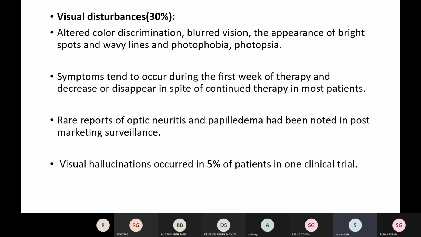However, in some patients, they may persist till the end of therapy or even after the end of therapy. Rare reports of optic neuritis and papilloedema had been noted in post-marketing surveillance of the drug. Visual hallucinations have occurred in 5% of the patients in one clinical trial, patients seeing different waveforms, different images and bright spots in front of their eyes.